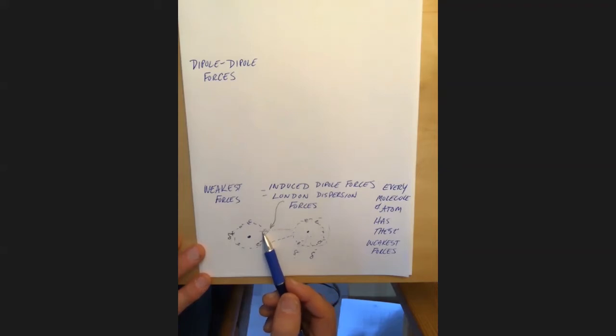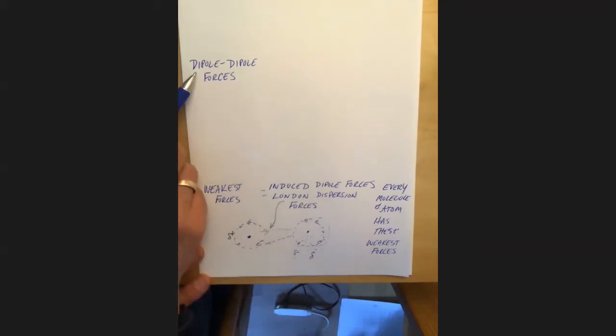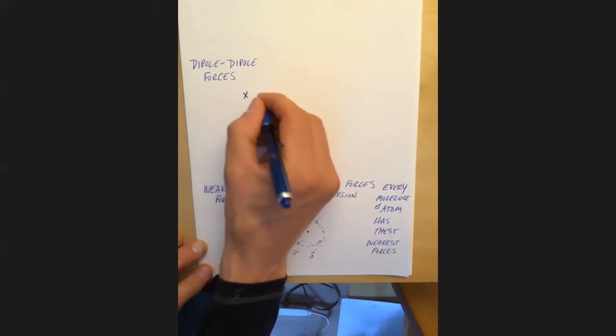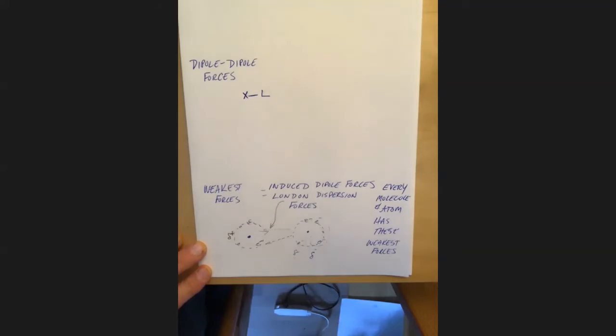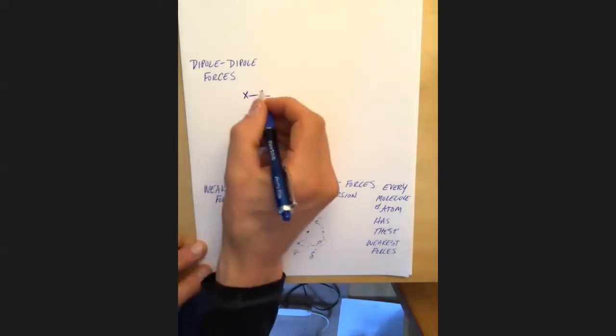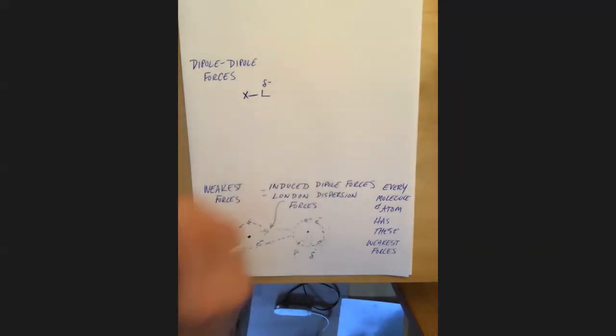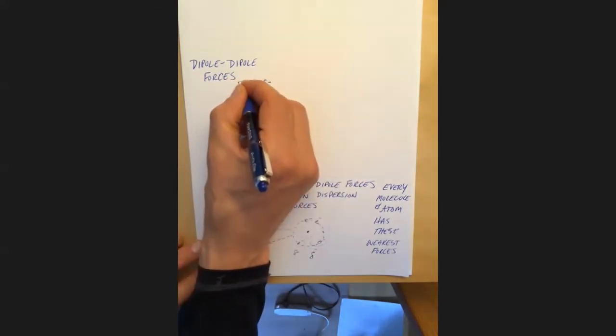But with dipole-dipole forces, there's something going on with the molecule such that we've got some atom attached to some other atom, X and L, neither of those exist, but this molecule, one end of it is always slightly negative, and one end of it is always slightly positive.